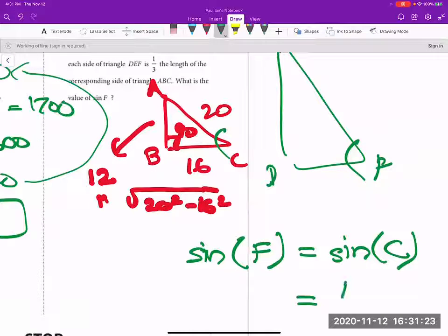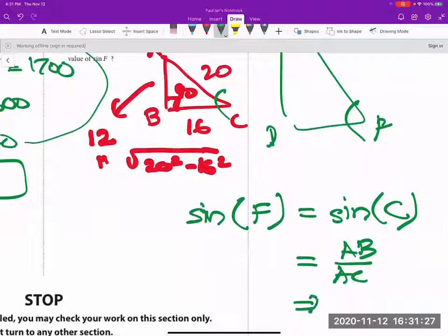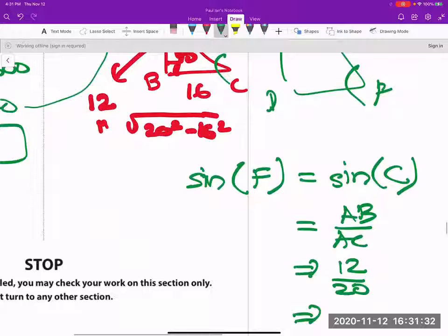The sine of C is AB over AC, which is 12 over 20, and that's 3/5. So that's the answer.